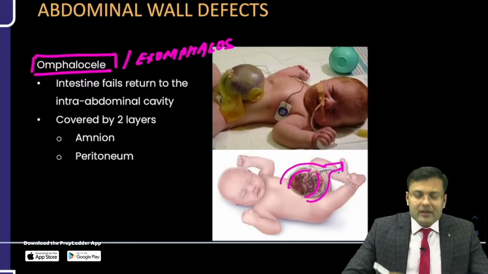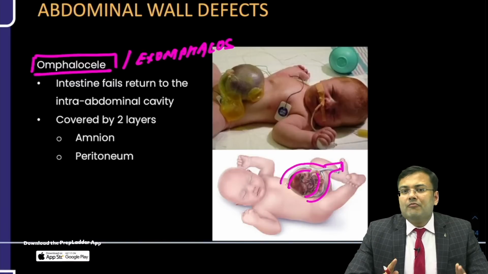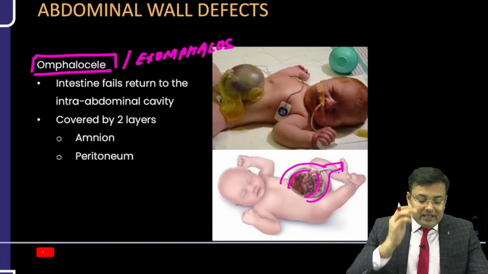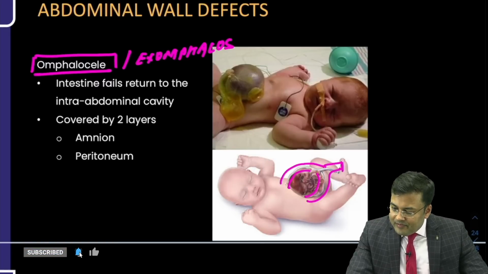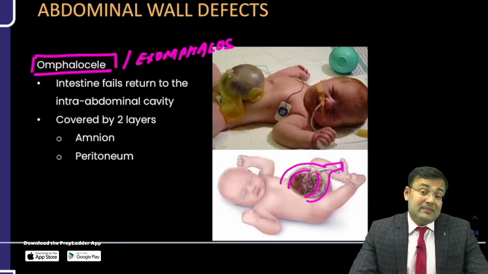Clear? Tell me which layer is inside. Out of amnion and peritoneum, which layer is inside? Somebody is saying amnion, somebody is saying peritoneum. Majority of you are saying amnion. The correct answer is peritoneum.